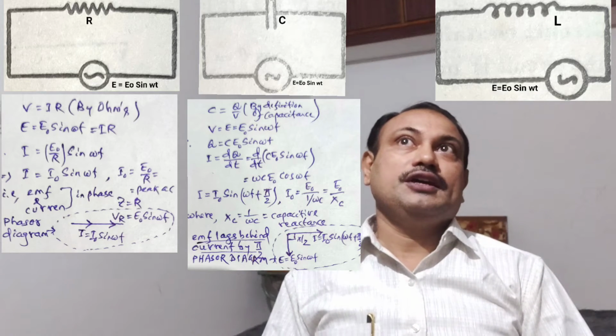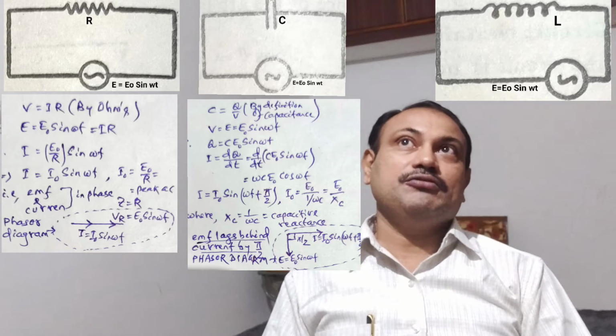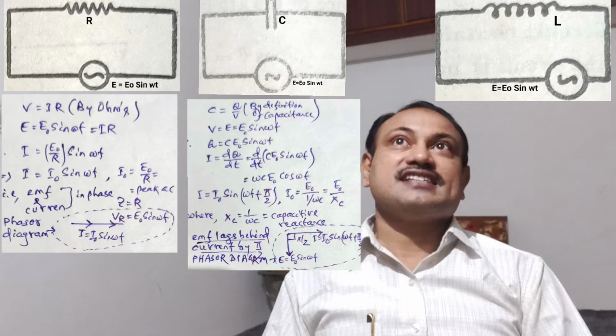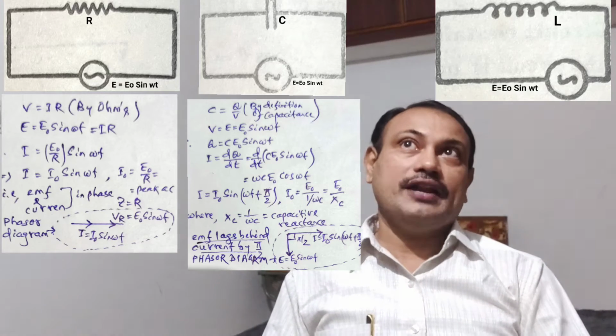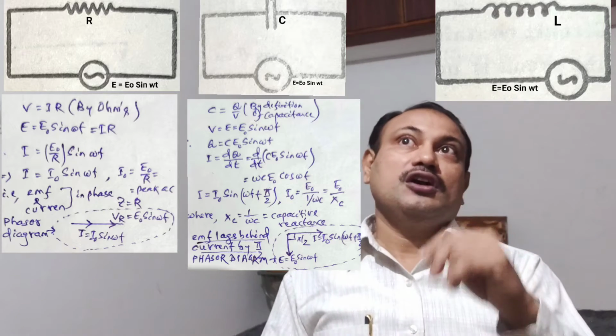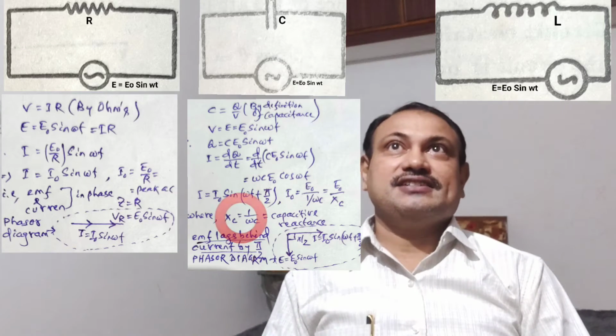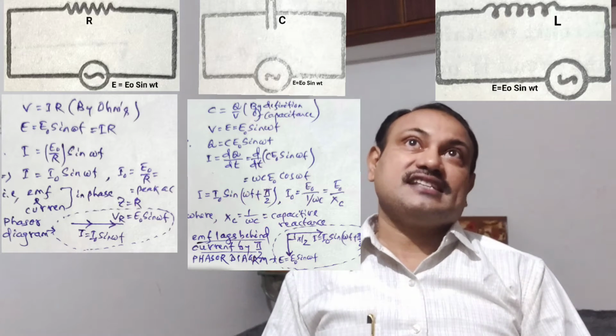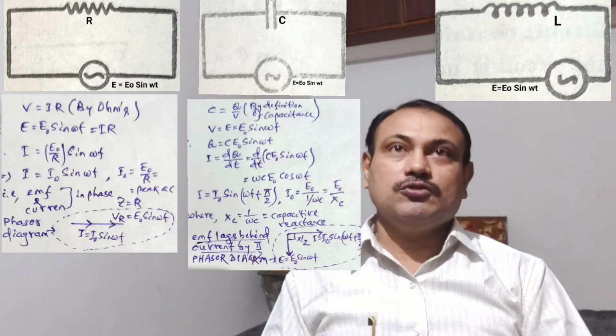So, therefore, here I you can write equal to E0 upon 1 upon omega C times sin omega t plus pi by 2, and 1 upon omega C is XC, that is your capacitive reactance. XC is your capacitive reactance, and I0 times sin omega t plus pi by 2 is equal to I.